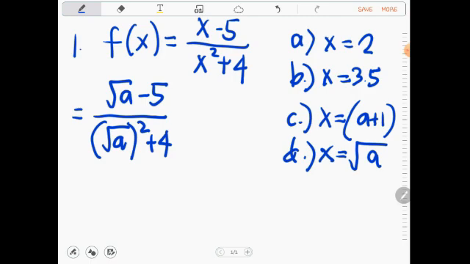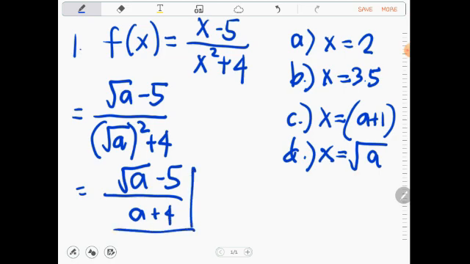So kapag meron tayong, yung numerator hindi magbabago, diba? Pero yung denominator natin ay square root a raised to 2, matatanggal or makakancel yung square root at saka squared, diba? And maiiwan na lang dyan is equals to, yung ating numerator ay square root of a minus 5 and a plus 4. And this will give us our final answer for letter D.